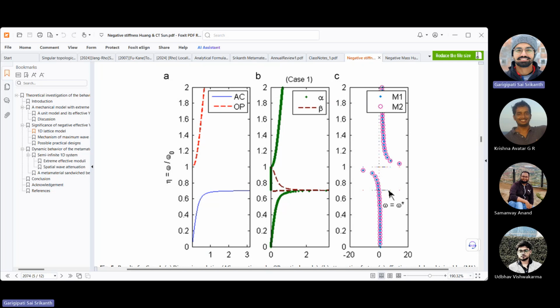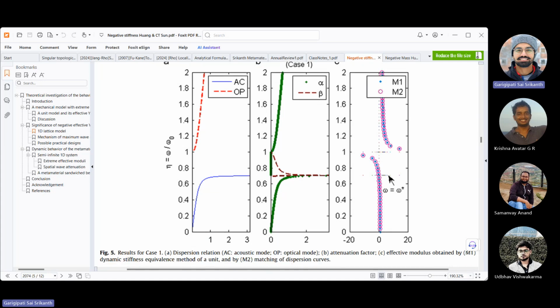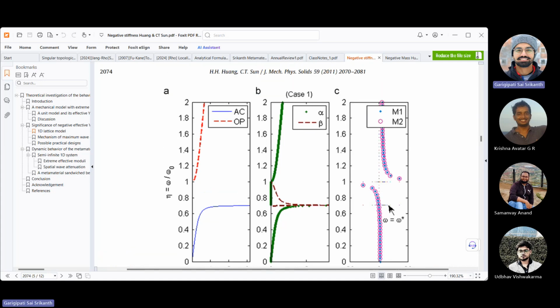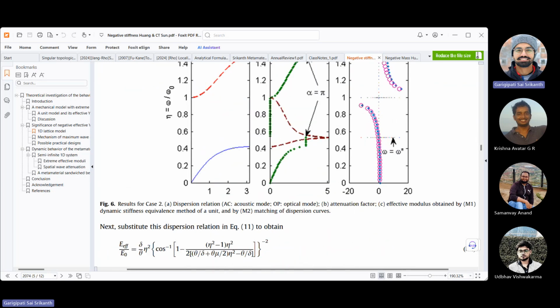So here we see that the singularities in effective stiffness and the singularity in attenuation do not happen at the same place. So this is going to be really important later on, which we'll cover.